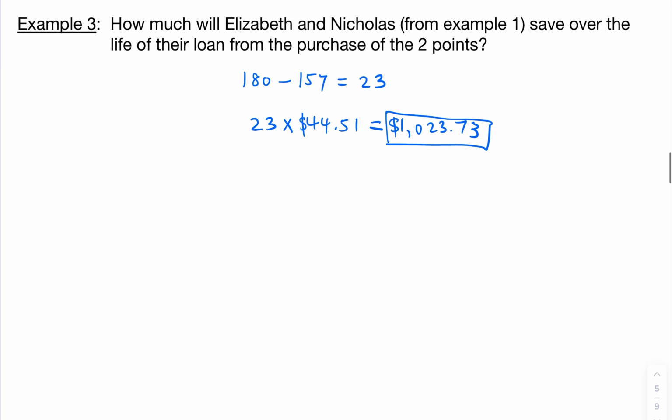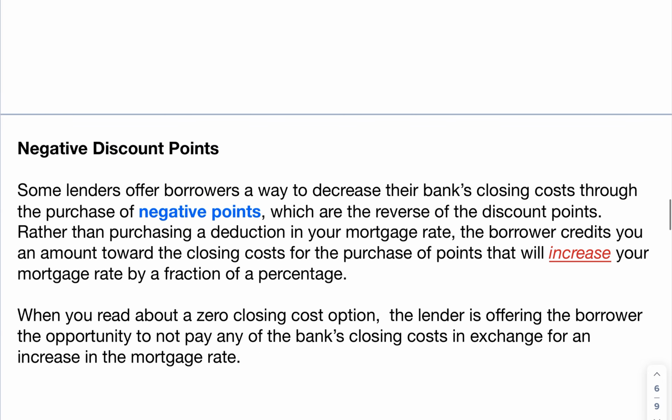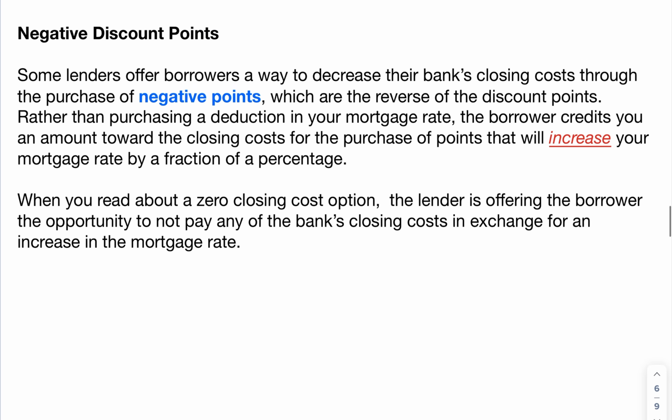All right, so let's go ahead on to example 4, but before we do, we need to understand the concept of negative discount points. Okay, so what are negative discount points? So some lenders will offer borrowers, so let's say you go to a lender and you are looking to get a loan to buy a home.